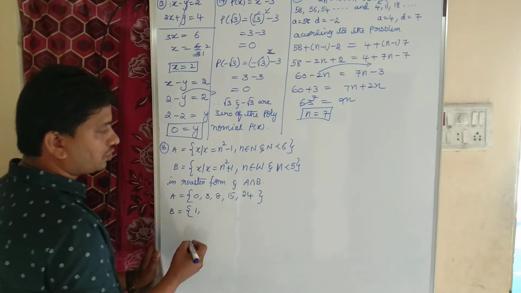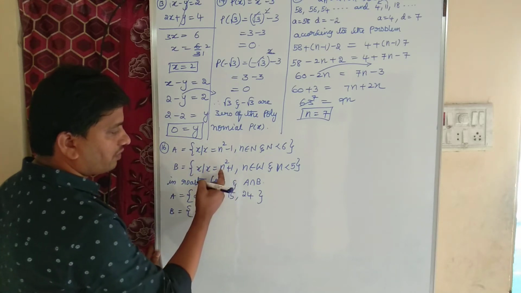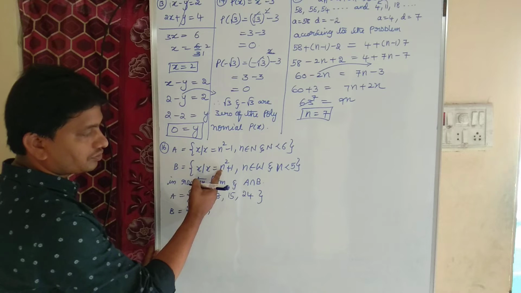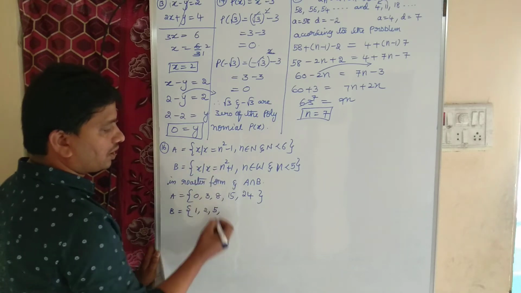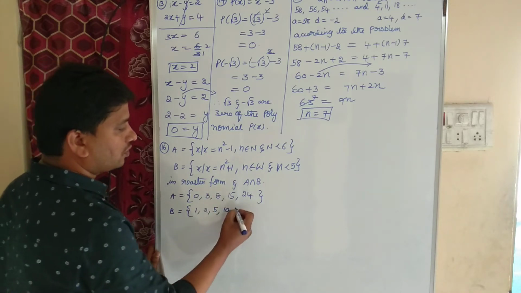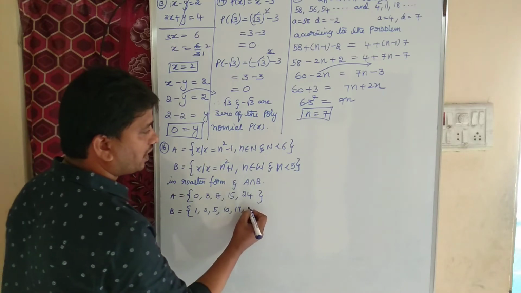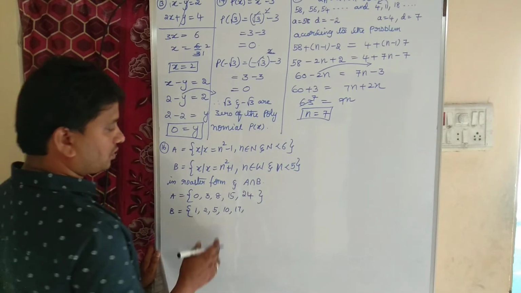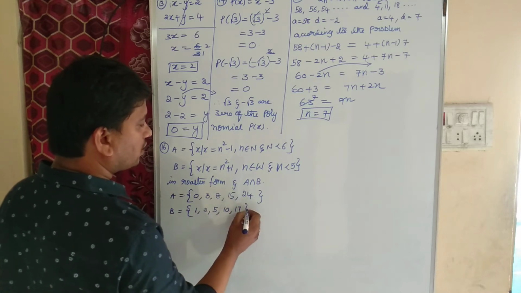If I take n equal to 1, 1 squared plus 1, 2. If n equal to 2, 2 squared means 4 plus 1, 5. If n equal to 3, 3 squared means 9 plus 1, 10. If n equal to 4, 16 plus 1, 17. Since n is less than 5 only, the values are 0, 1, 2, 3, 4, up to 4 only.